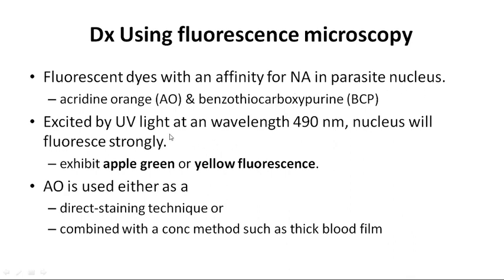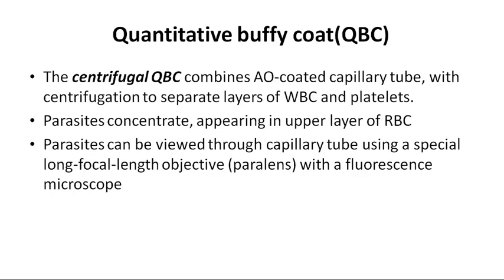After that, the slide is excited by UV light at an appropriate wavelength, which visualizes the nucleus, giving a strong fluorescence, which appears as apple green or yellow fluorescence. Acridine orange is used either as a direct staining technique or sometimes it can be combined with a concentration method such as a thick blood film.